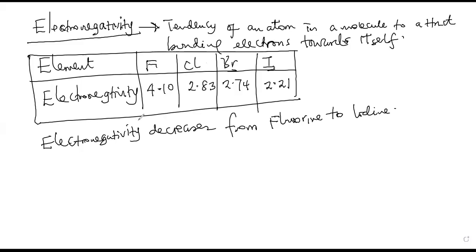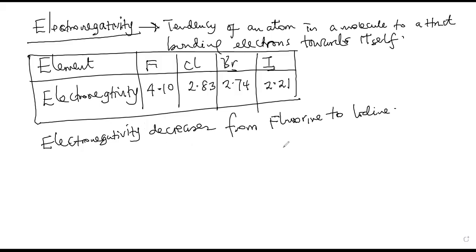The increase in screening effect outweighs the increase in nuclear charge. Therefore, the effective nuclear charge decreases, atomic radius increases, and the bonding electrons experience a greater repulsion than nuclear attraction. As simple as that.